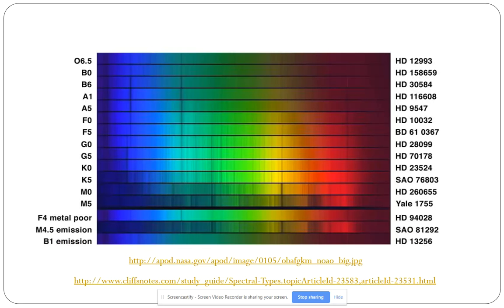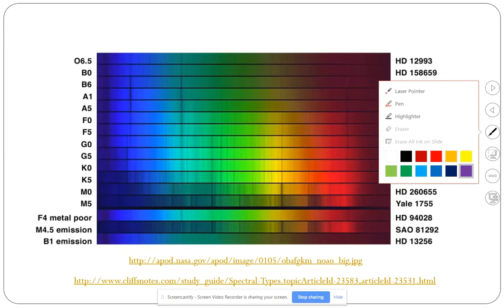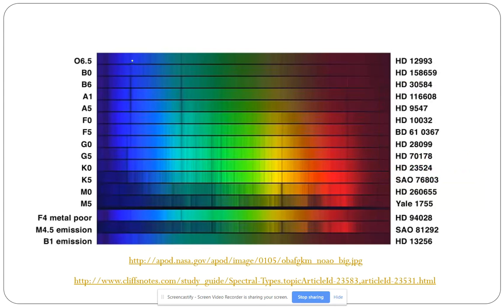Here is the picture that we had on the opening slide. And you can see things like absorption lines. I'm going to change to yellow. Okay, I marked out a few absorption lines. I'm going to erase my marks.